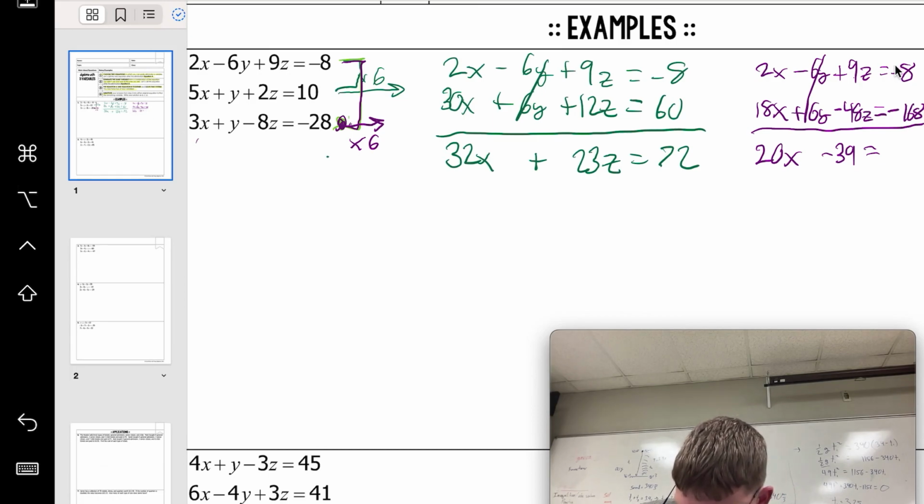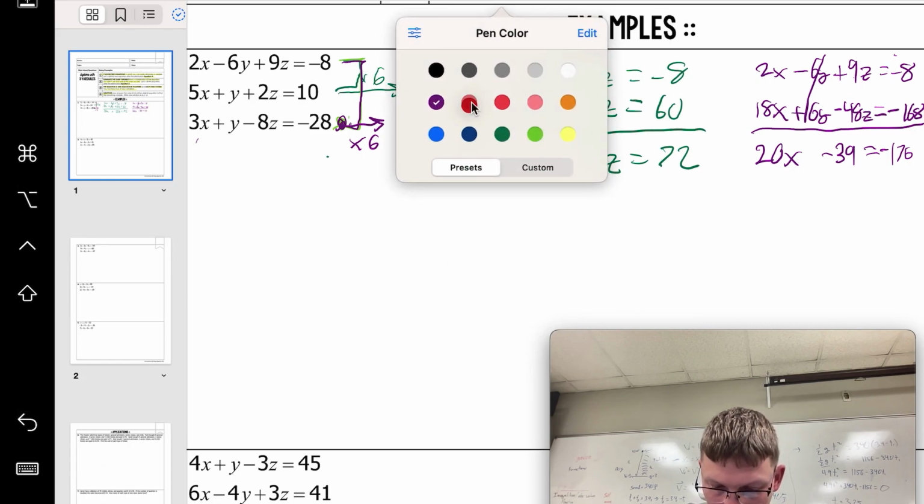But so negative 8 minus 168 is going to be negative 176, right? Yeah. So now we've got our two different equations. We've got our equation right here. We've got our equation right there. So now from there, we'll go to our next color.